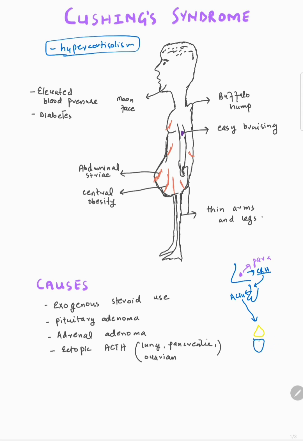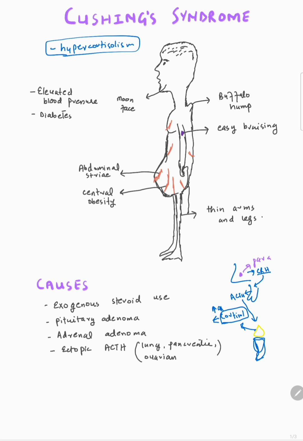So if this is the kidney, on top of it is the adrenal gland. The ACTH acts on the adrenal gland, and in response the adrenal gland produces cortisol. So anything that would cause very increased cortisol would cause Cushing's syndrome.